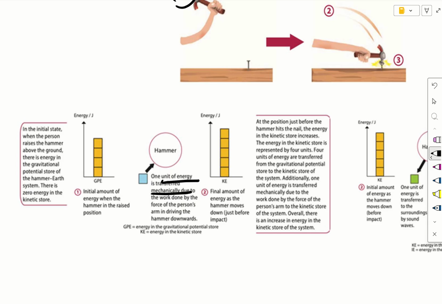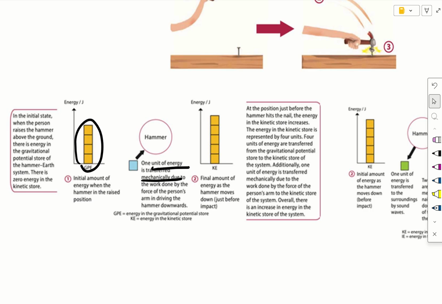Okay, so it will be different if I just let the hammer drop, so it will just have 4 units of energy. But now if I have this 1 more additional unit of energy due to me applying a force, transferring the energy mechanically, the hammer will have 1 more unit of energy in the kinetic store, right?